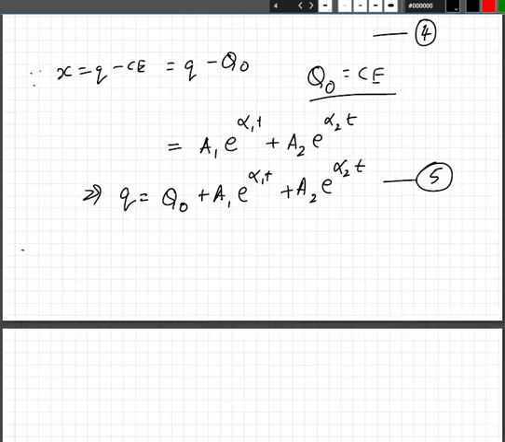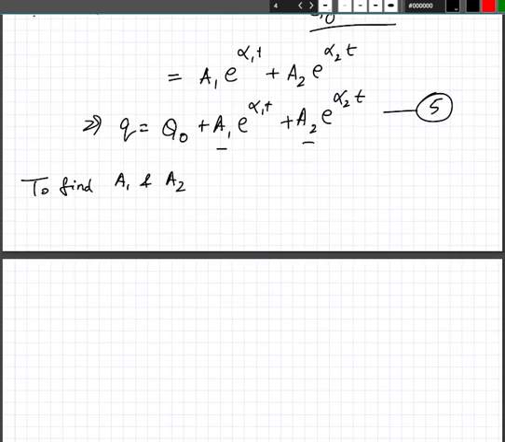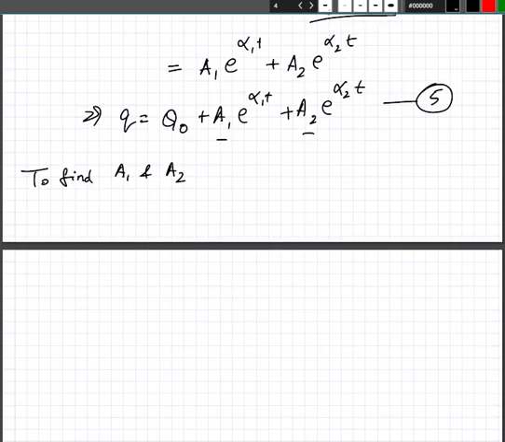LCR circuit. Now we have to find out, there are two unknowns. Alpha we know, we have substituted for alpha, but we don't know a1 and a2. So to find a1 and a2, you know how to do it. Put the initial conditions.